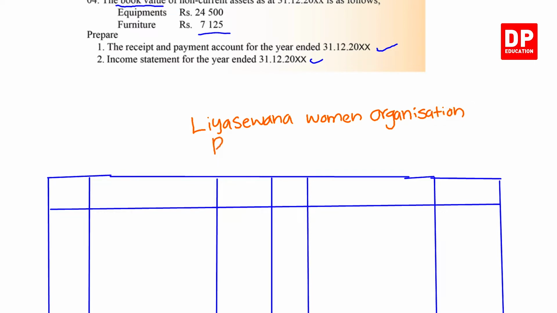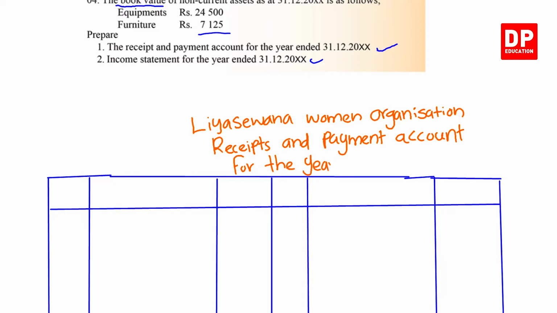Receipts and payment account for the year ended 31st December 20, not given the real year, so you can put any year, right?